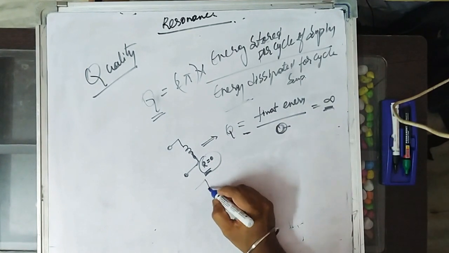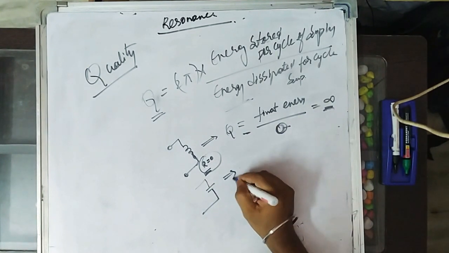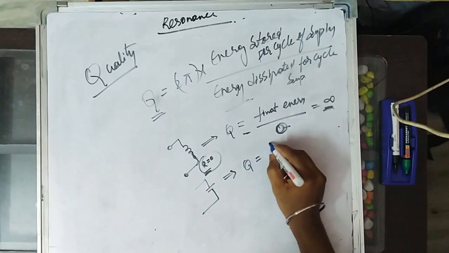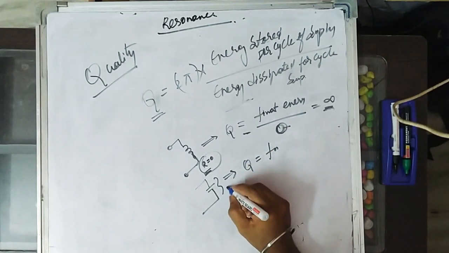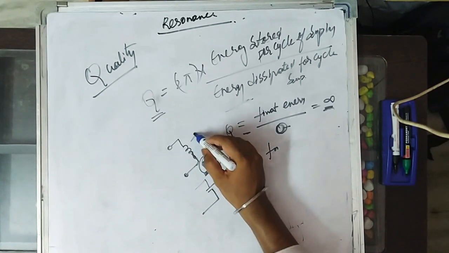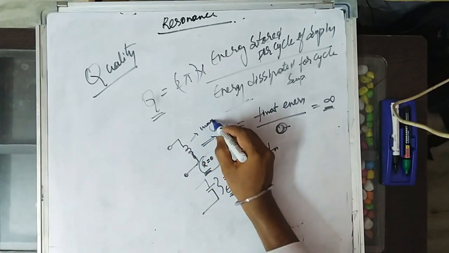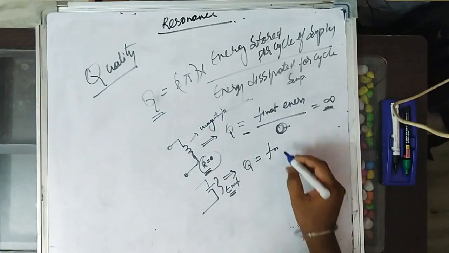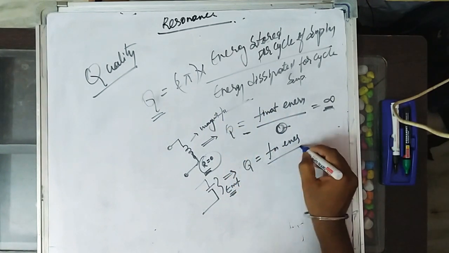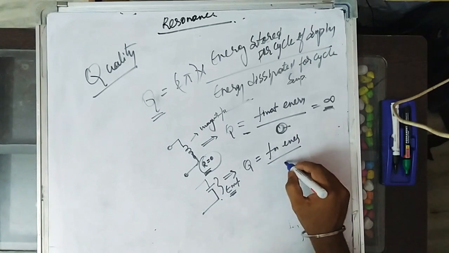Similarly, if you take a capacitor, it also has finite energy stored. This energy is stored in electric form, whereas in the inductor it is in magnetic form. Similarly, there is no resistance here, no dissipation.